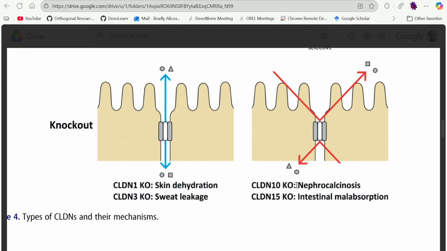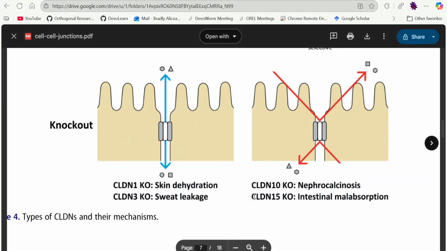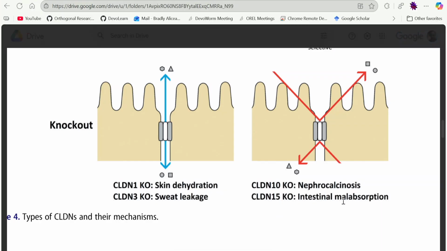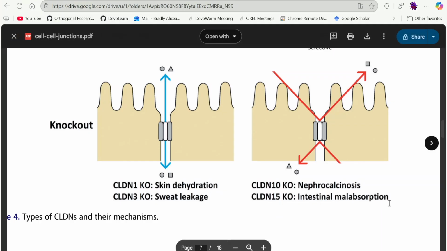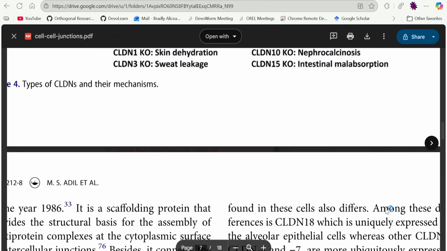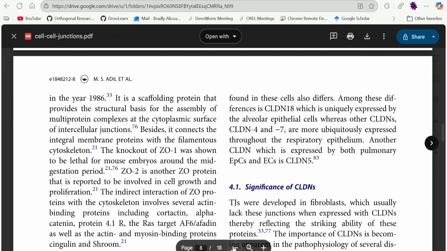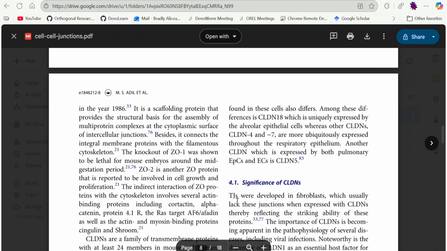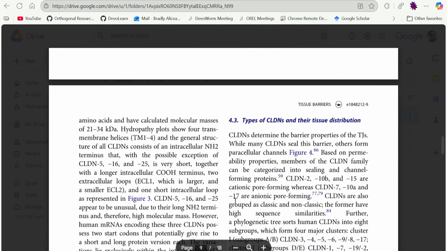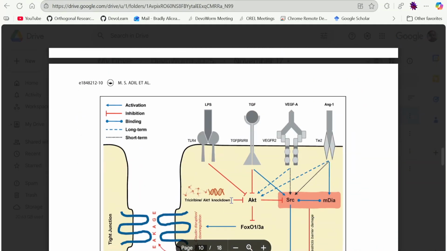You can have different phenotypic defects here. For CLDN10, if you knock that out, you have nephrocalcinosis, and for CLDN15, you have intestinal malabsorption. Basically, defects of this epithelial layer. So this is showing the effects of what happens when you knock out different proteins and the effect on the phenotype.